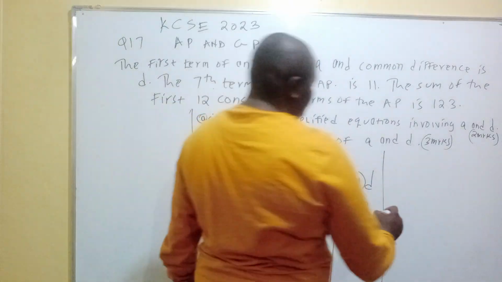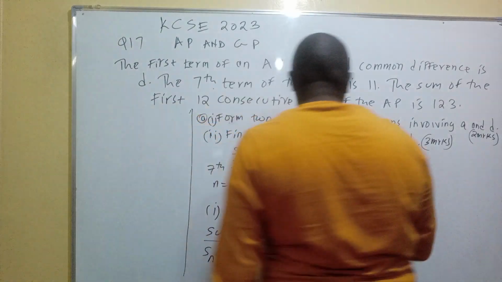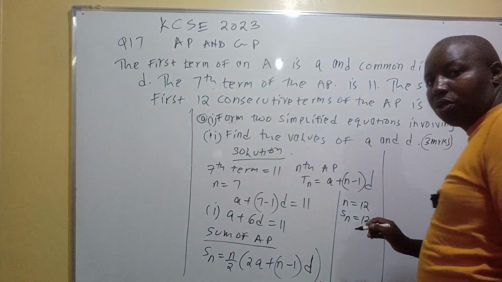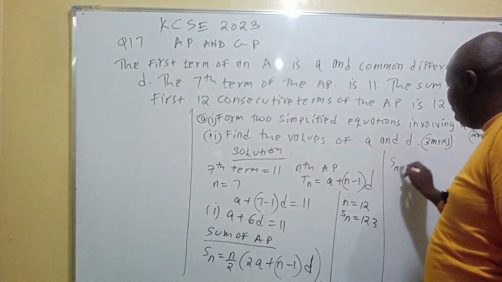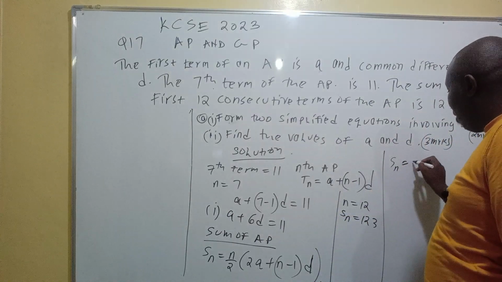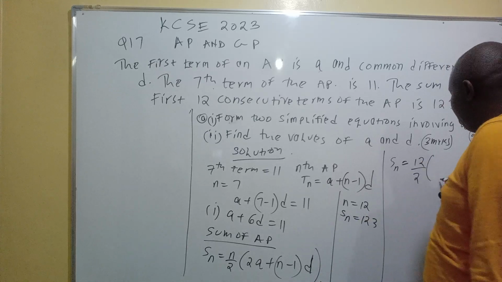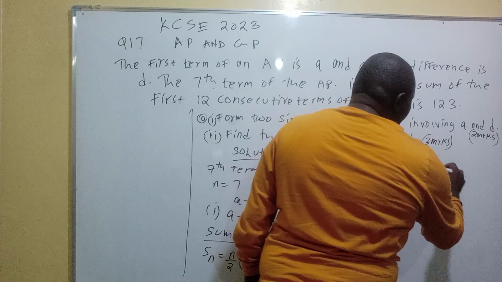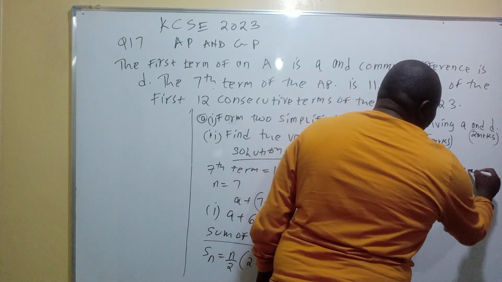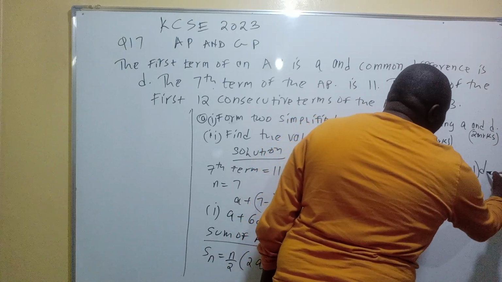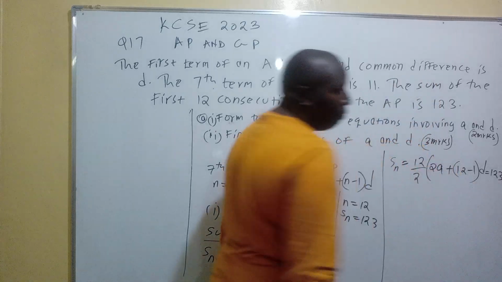You say Sn equals n over 2, where n is 12, so 12 over 2 in brackets 2a plus (12 minus 1)d is equal to 123.